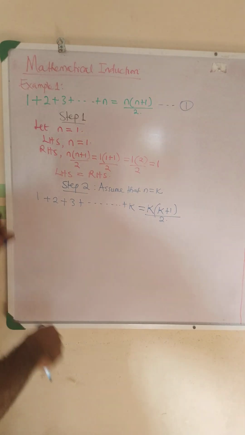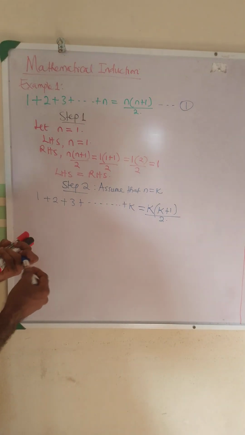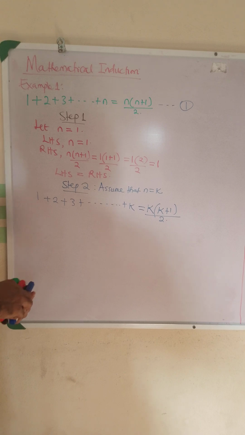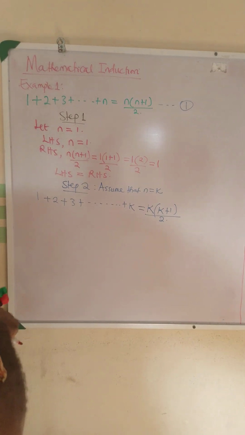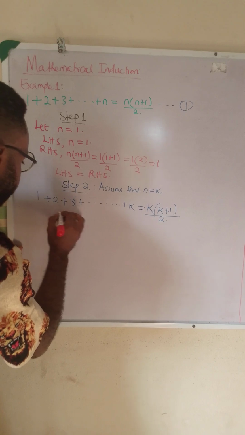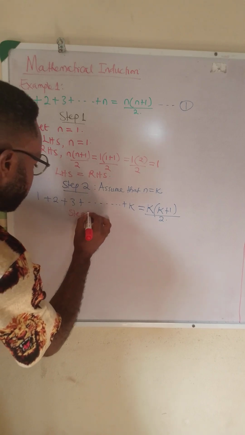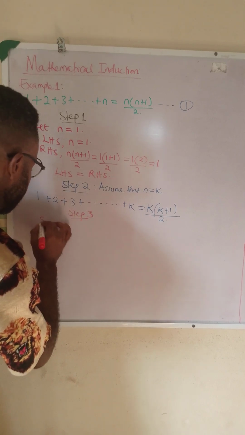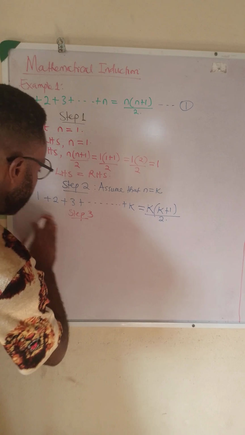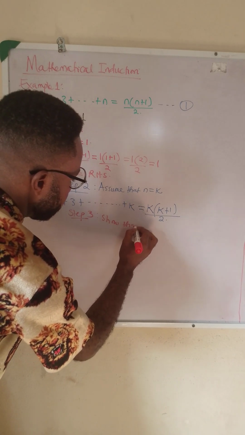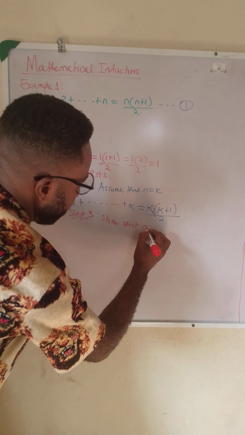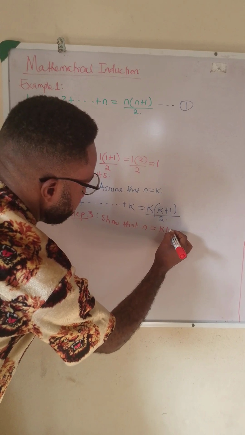In our step 3, we are to prove the assumption we made in step 2. So proving the assumption, we say show that n equals k plus 1.